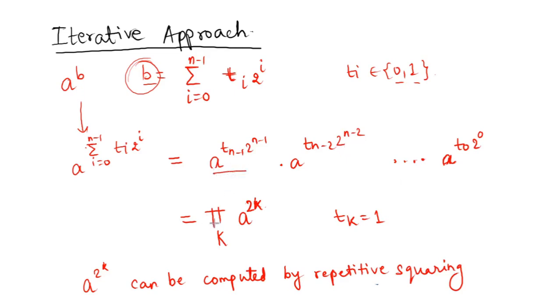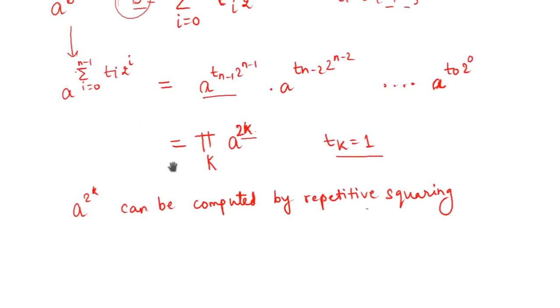In short, this is the product of a raised to 2 power k, where t_k is set to 1, like wherever the value of t_i is 1, only that value is taken into consideration, and this can be computed by the repeated squaring method.